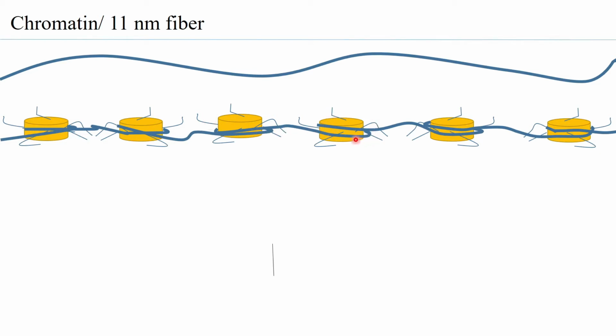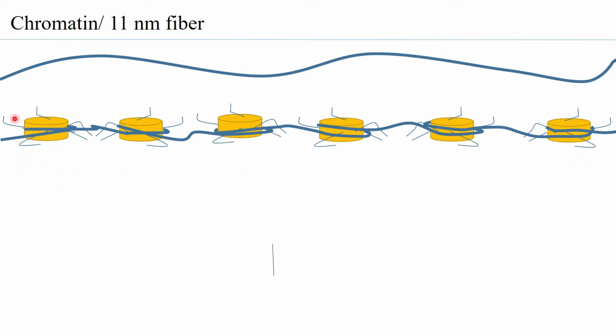Because the DNA is coiling around one bead, the DNA which would otherwise be long is now coiled. So you can see a certain level of packaging that is happening. As many nucleosomes as are bound to the DNA, that much packaging would happen, and the DNA looks like a bead in a string structure.